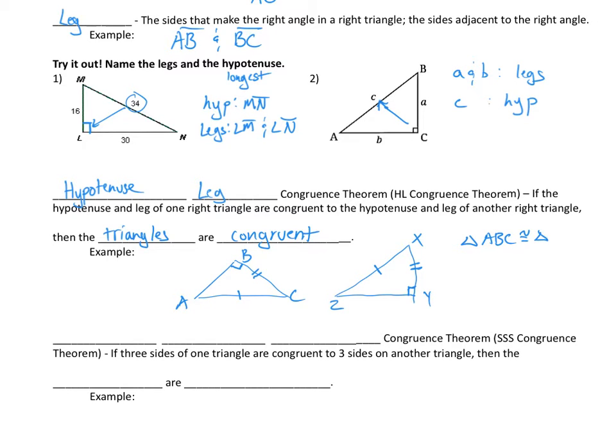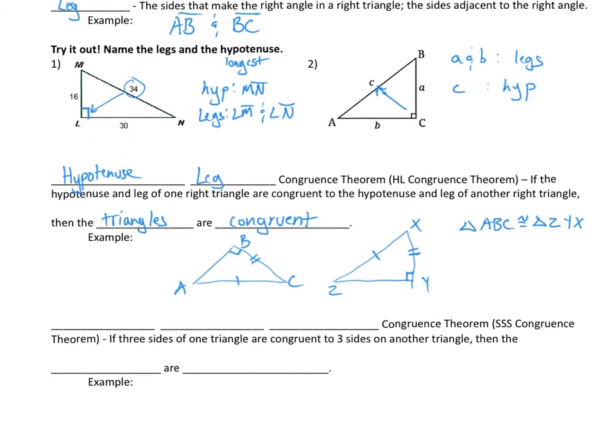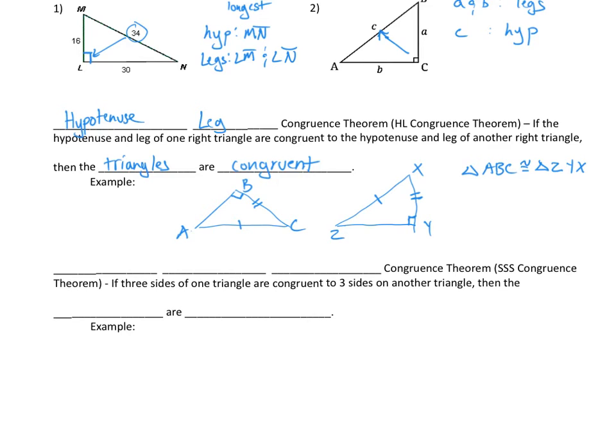We have to be careful now. A matches up with Z in this case. Y matches up with B, and X matches up with C. So ABC is congruent to ZYX.